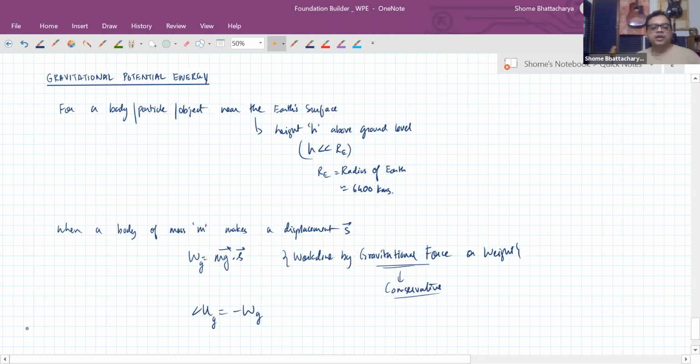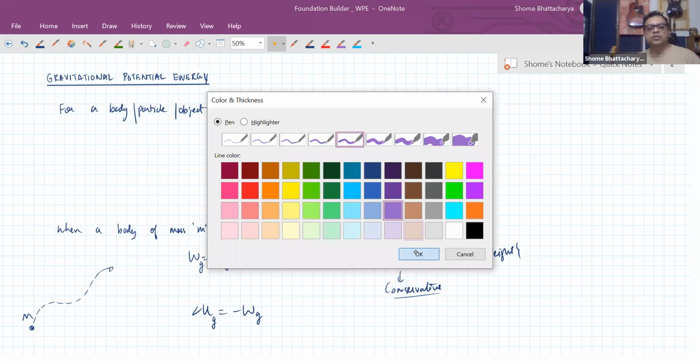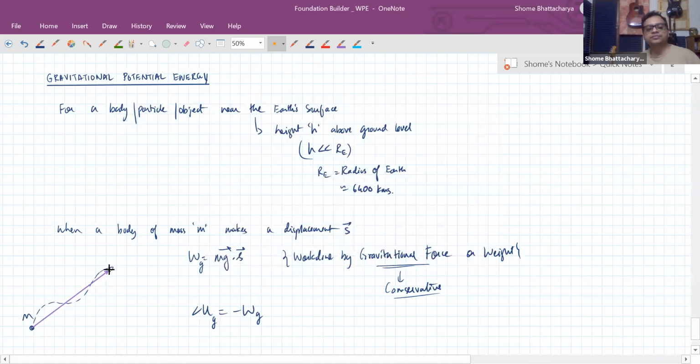Okay. So as you know, if an object is, let's say, going by some kind of path like this from one point to another point, so a point mass or an object is taken like this through a displacement, which we can show as a vector joining the initial and final position. This is the displacement vector, and let's say acceleration due to gravity is pointing down like this.